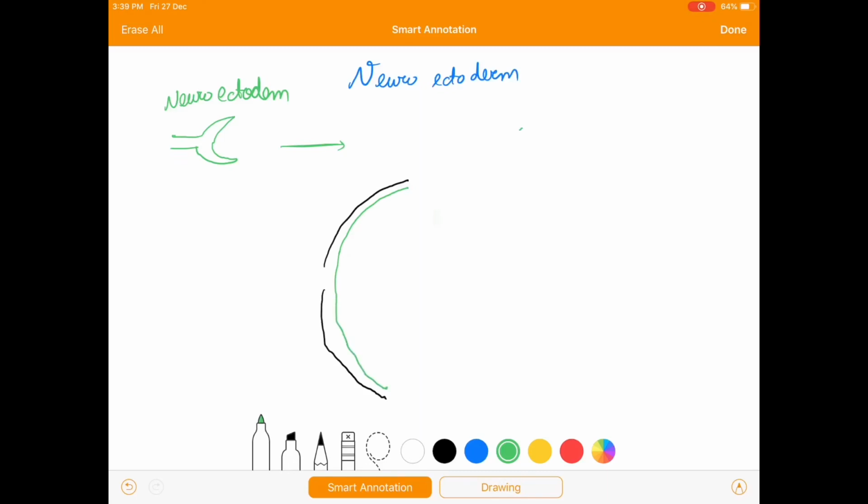Right. Now this outer lip continues to grow further and forms the ciliary epithelium and iris epithelium. Down here as well, ciliary epithelium and iris epithelium. Right now it is just epithelium. The space inside these is hollow.